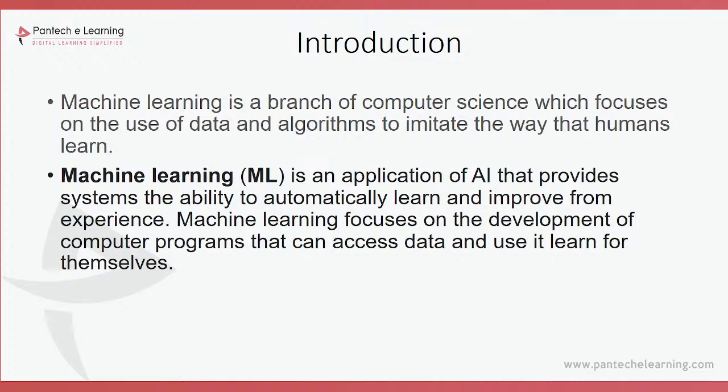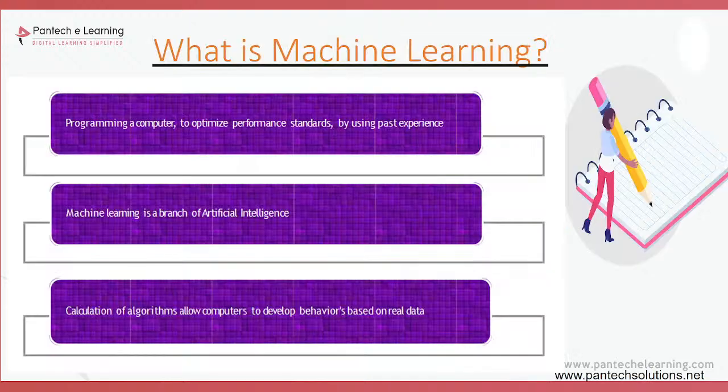Machine learning focuses on the development of computer programs that can access data and use it to learn for themselves. So now it is learning from the data which we are giving, and after training the system it can execute by itself.